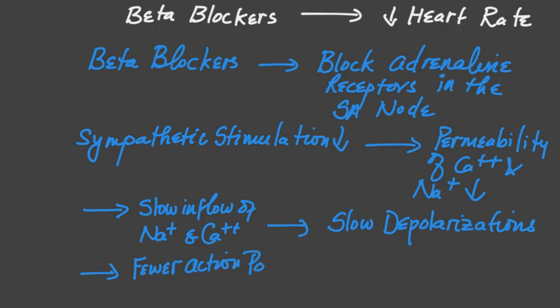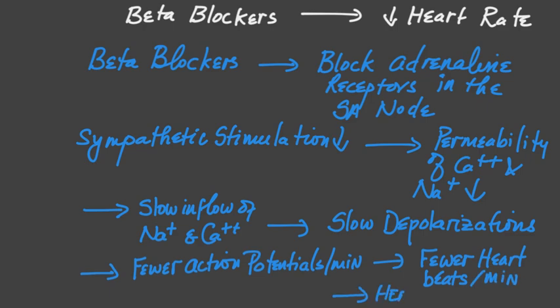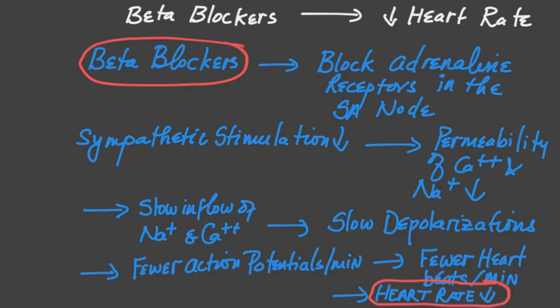Fewer action potentials per minute. Fewer action potentials at the SA node mean fewer heartbeats per minute, resulting in a lowered heart rate. So there we have it. Beta blockers resulting in a low heart rate.